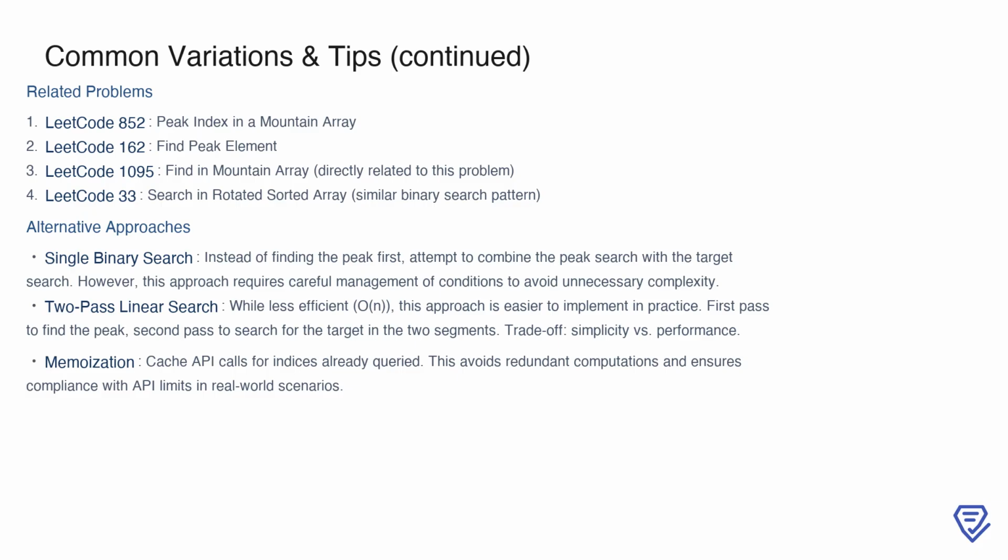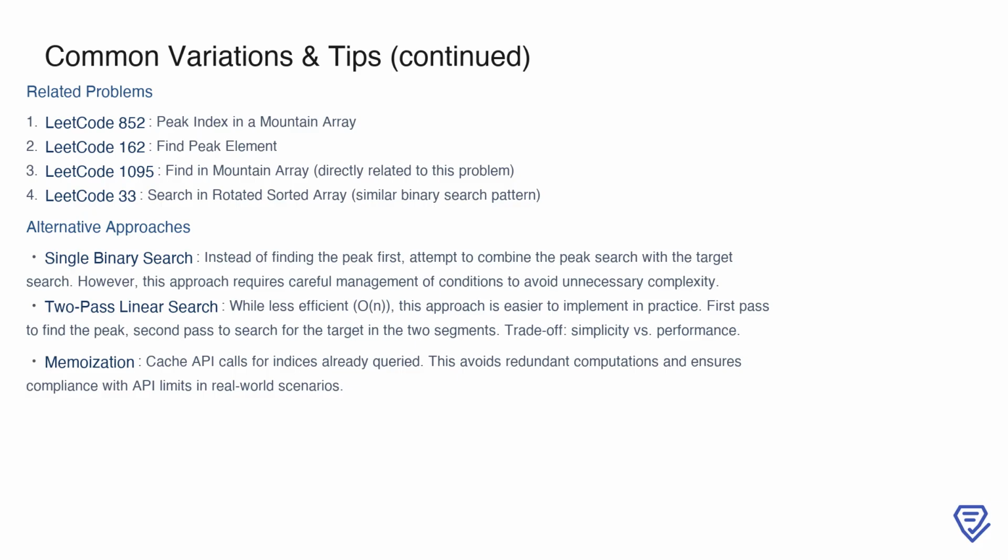Now, in terms of alternative approaches, you might consider a single binary search that combines the peak search with the target search. While this method eliminates the need for two separate phases, it can become complex and harder to manage, so proceed cautiously. Another option is a two-pass linear search, which involves first finding the peak and then searching for the target in the two segments.